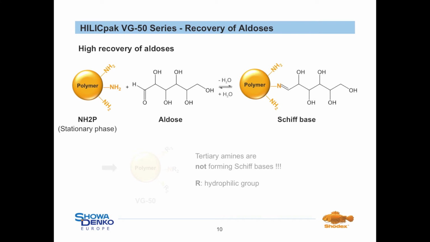This fact causes an adsorption and also a stronger retention of aldoses in the case of columns bearing primary amino groups. In the case of the HILICpak VG-50 series, the primary amine is changed to tertiary amines, which do not undergo this type of reaction. Therefore, especially when aldoses have to be determined in low concentrations, the HILICpak VG series should be preferred.